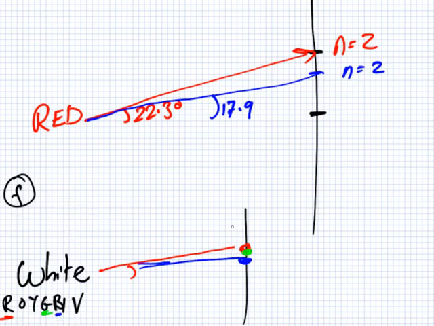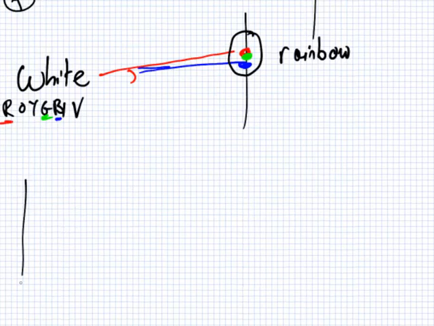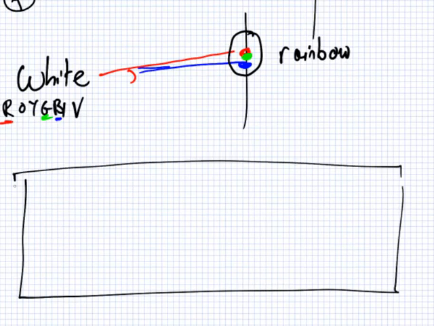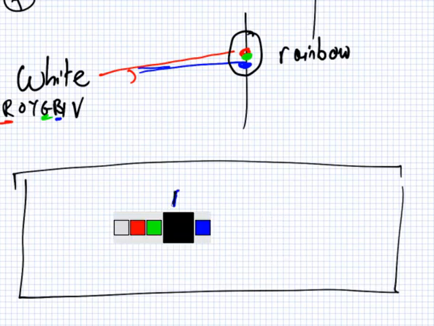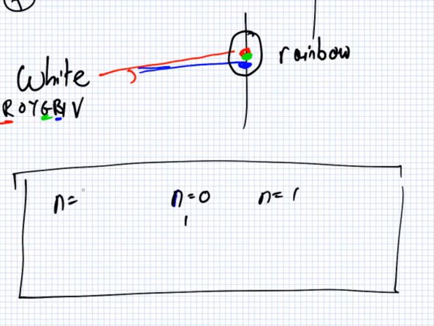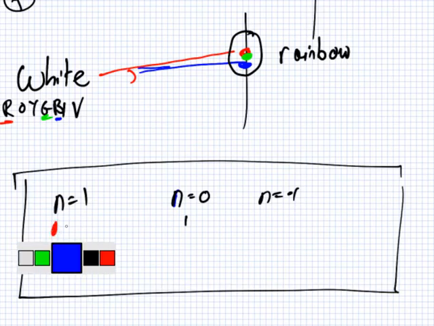So what will happen is each of these will look like a rainbow. If you were to look at the screen, for example, here this is n equals 0, here this is n equals 1, here this is n equals minus 1. You'll have a little colour here: red, orange, yellow, green, blue.